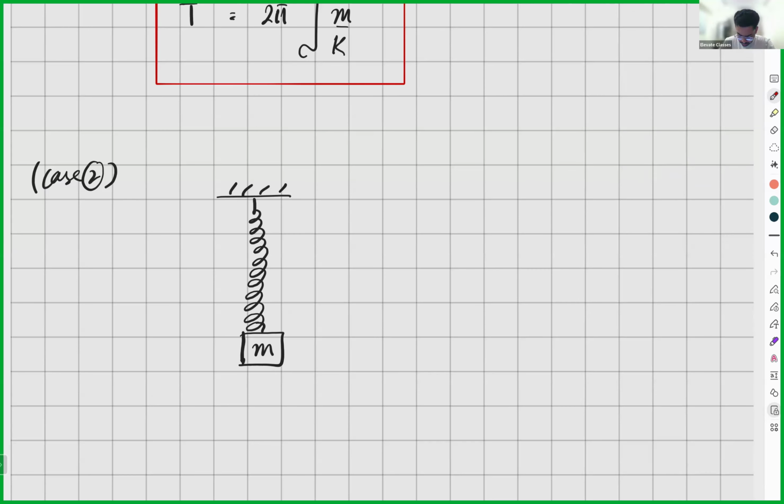So there will be a downward force and an upward force. Whatever stretch has happened, let us say y stretch has happened due to the mass against the gravity, the upward force will be ky, which will be the restoring force, right?